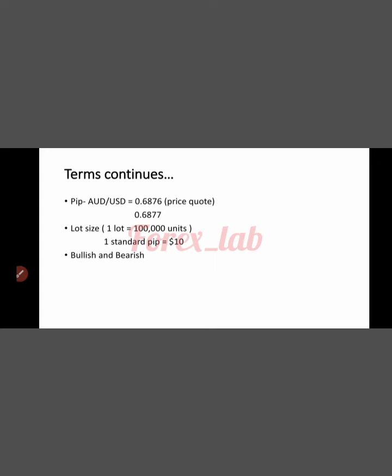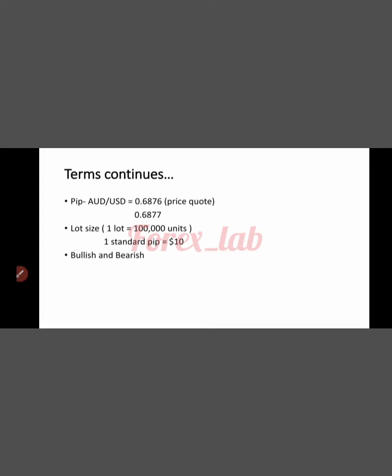Which means you can place another order the more the pip is moving in your favor. That is what it means. So from 76 to 77 is what is called a pip, and that is 1 pip.